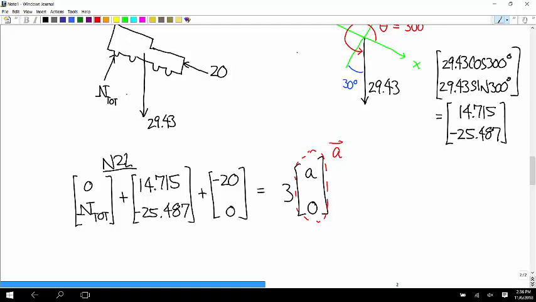We just need the variable a. So the x equation says 0 plus 14.715 minus 20 is equal to 3a.